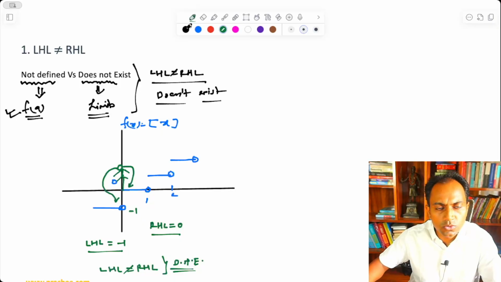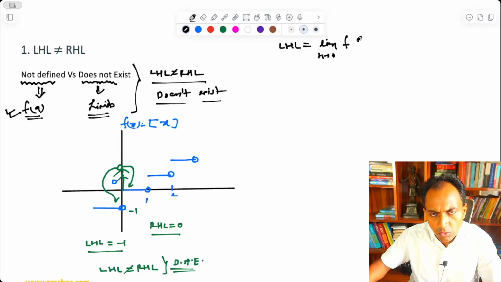Now you can also do the same level of analysis using the earlier format that I talked about, LHL and RHL. So I can talk about LHL as limit h tends to 0, because this is the more utilizable definition. Since I am looking at 0, a becomes 0 minus h. If I put this value, it becomes limit h tends to 0, greatest integer function of 0 minus h.